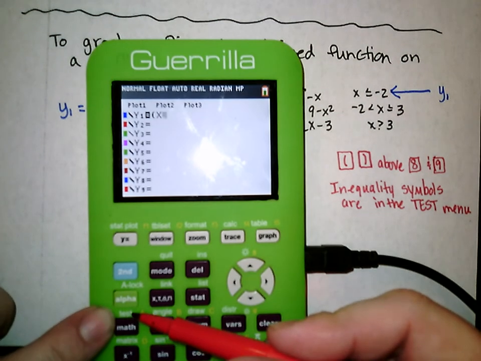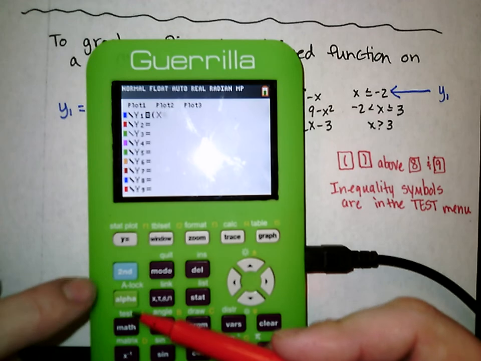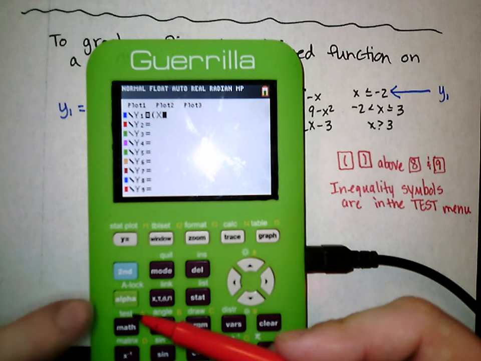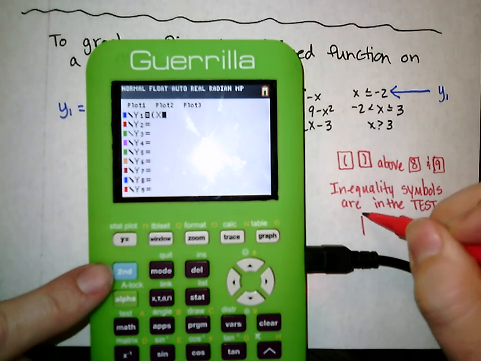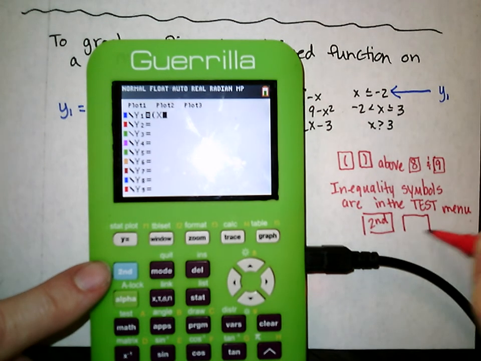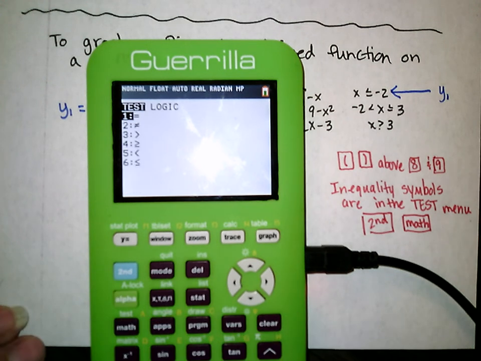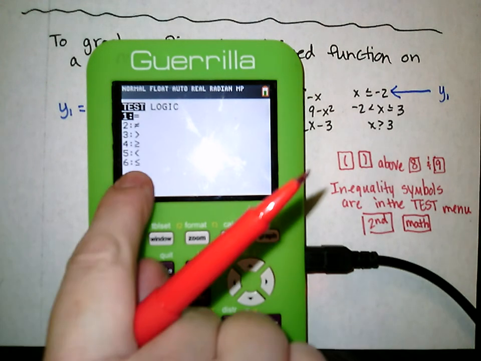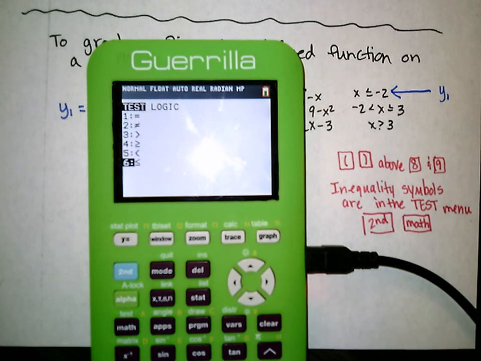It's the white word. It's white on mine. I think it's probably blue on yours. We're going to have to push the second button and then the math button. So I'll do second math, and I need less than or equal to.